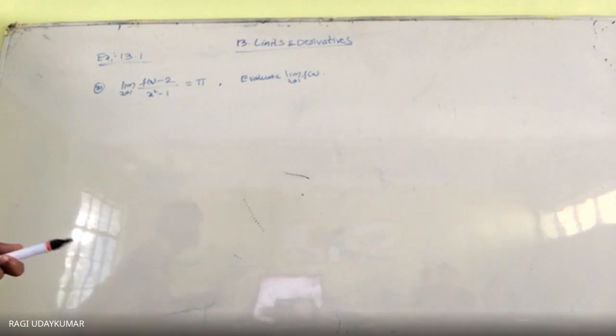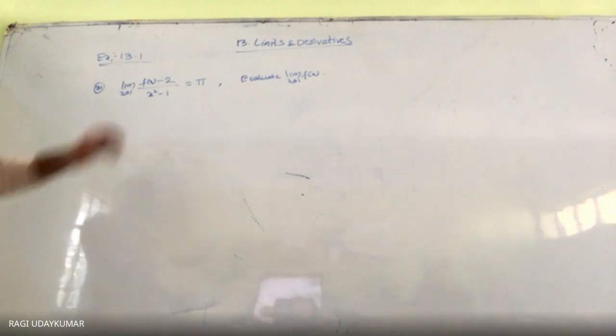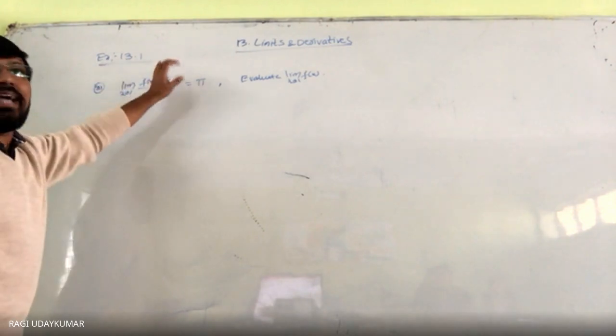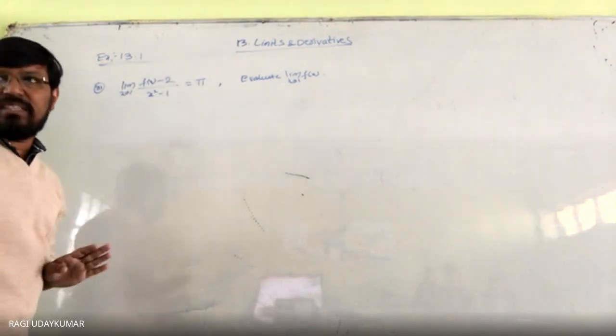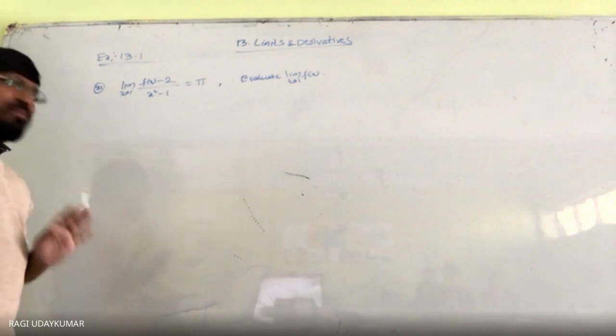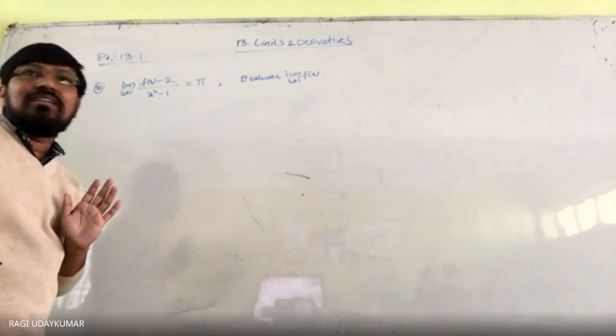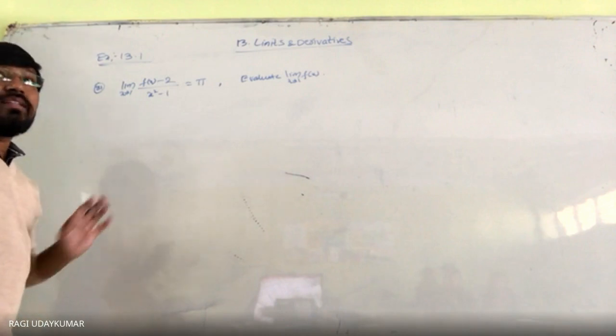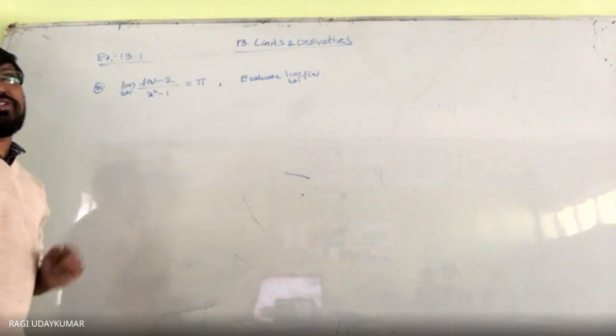Try this problem in your notebook. The limit can be taken in the numerator using the algebra of the limits. It is a simple problem, but you need to think a little. The algebra of the limits concept is to be used here.